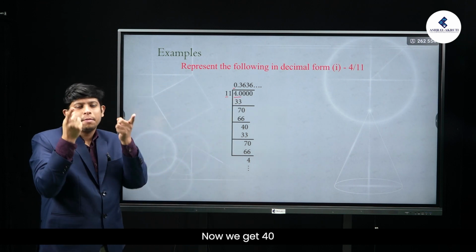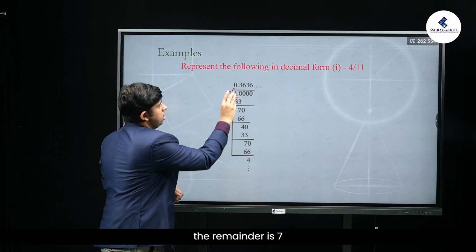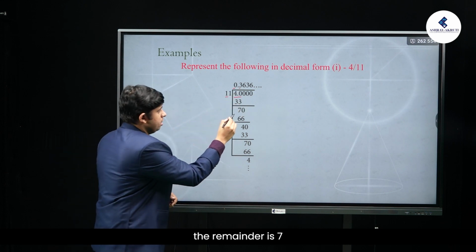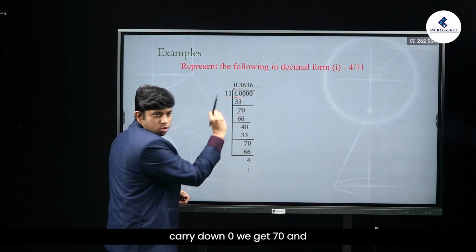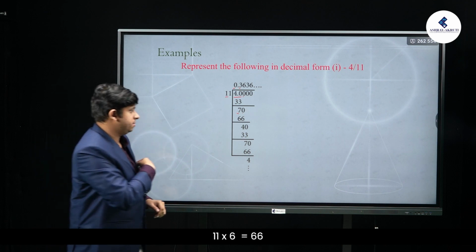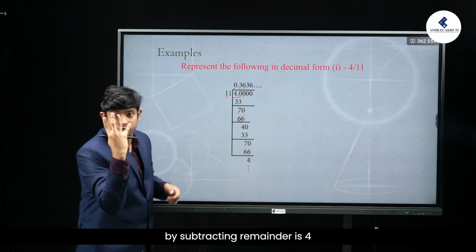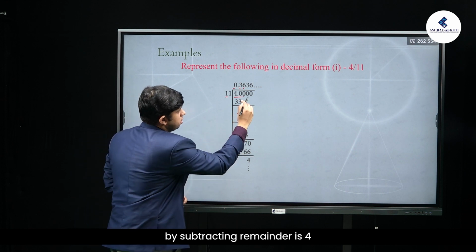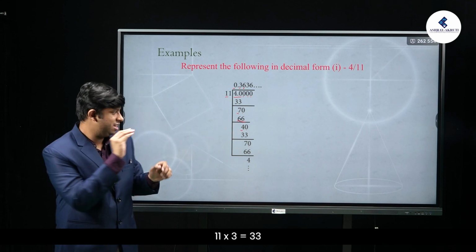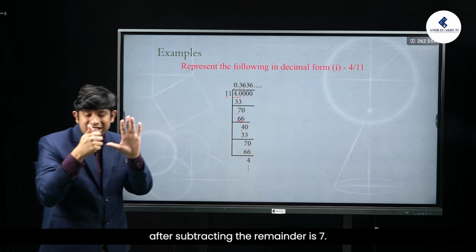Now we get 40 divided by 11, we get 33. By subtracting, the remainder is 7. Carry down 0, we get 70, and 11 into 6 is equal to 66. By subtracting, the remainder is 4. Carry down 0, we get 40, and 11 into 3 is equal to 33. After subtracting, the remainder is 7.